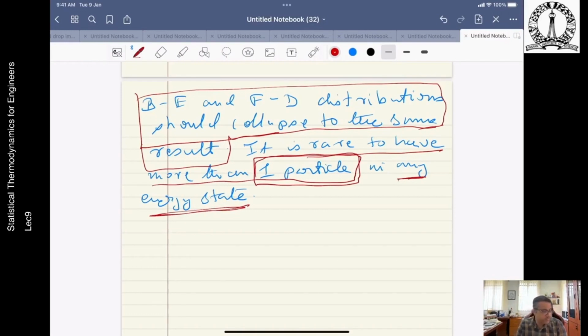It is almost impossible. So for the dilute limit to be valid, Gj must be much greater than Nj. This is the criterion for the dilute limit.